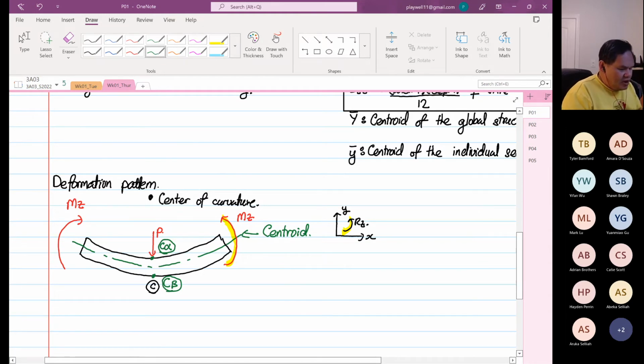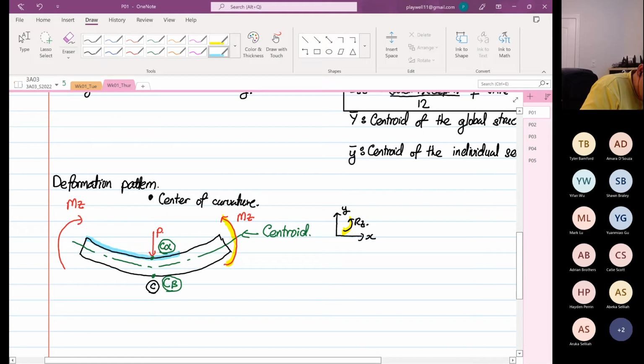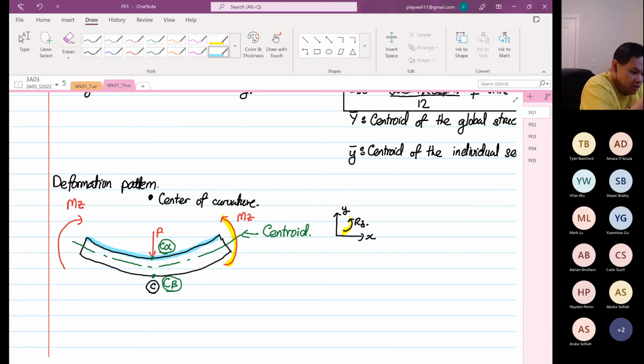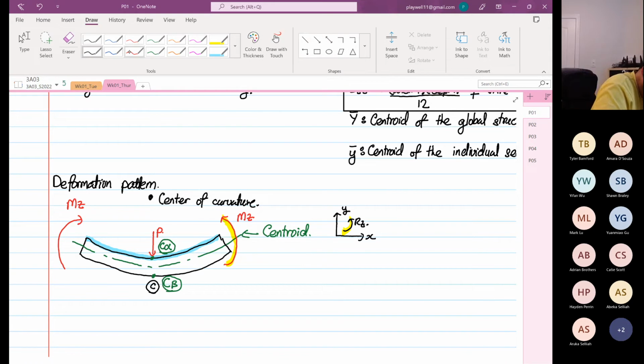If we were to look at the circumference of the centroid, where C alpha is located at this point over here, which I'm coloring in blue, we realize that the circumference is smaller than what we see on the centroid. So we are made aware that this is under compression.